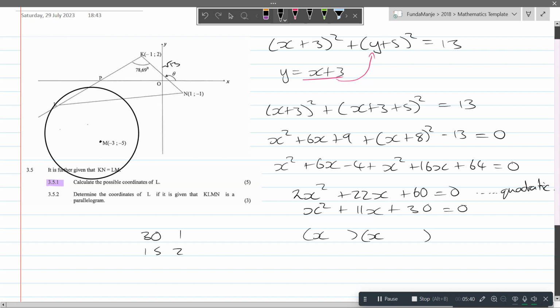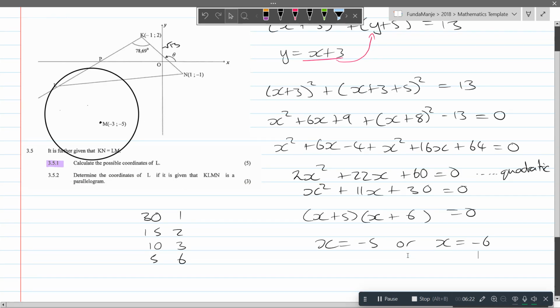These are too large. 15 minus 2 is 13, not 11. So we keep trying. We also have 10 and 3, which gives 13 anyway. We can try 5 and 6. 5 plus 6 does give us 11, so (x plus 5)(x plus 6) is equal to 0. Then x is equal to minus 5, or x is equal to minus 6.